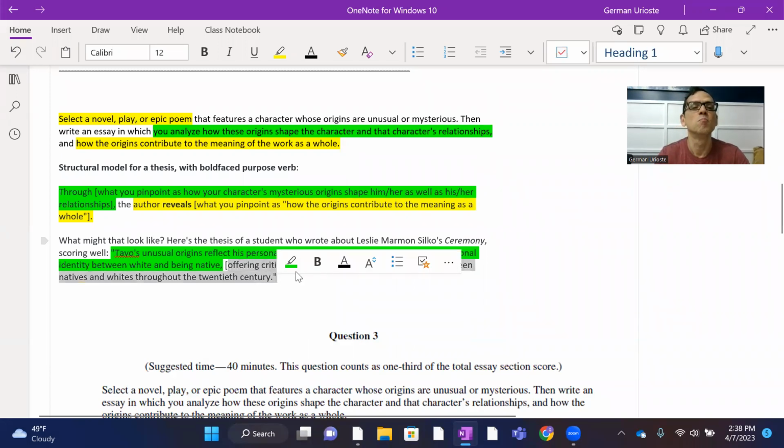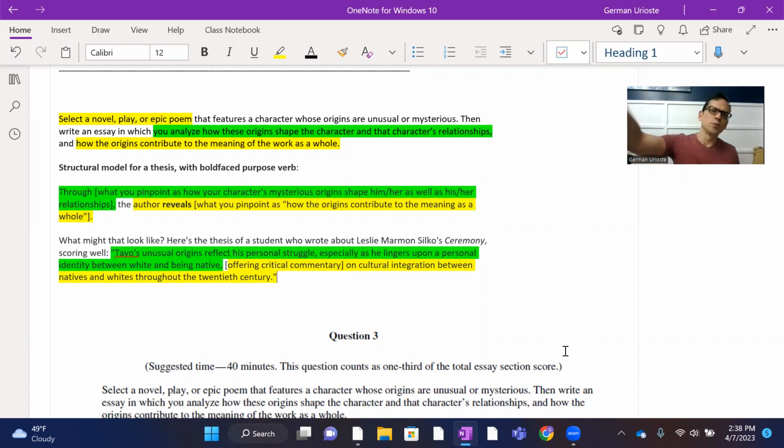So here is the meaning of the work as a whole piece, right? Again, that claim might be a little bit vague, but in the follow through in the body paragraphs, the writer does a good job of articulating how this is about the struggles of cultural integration between natives and whites. So Tayo, if we think about this character, he's split between these two identities, being white and being a native.